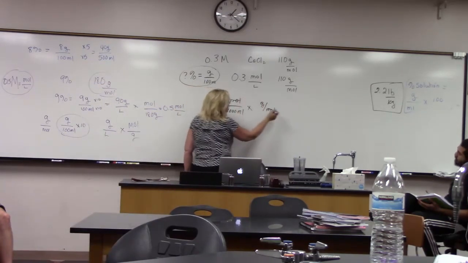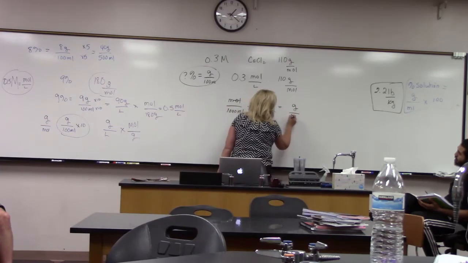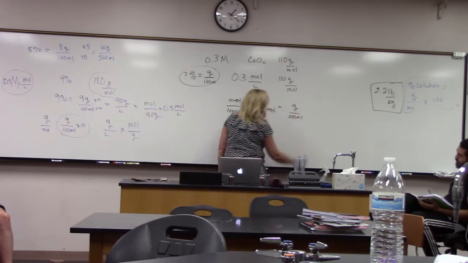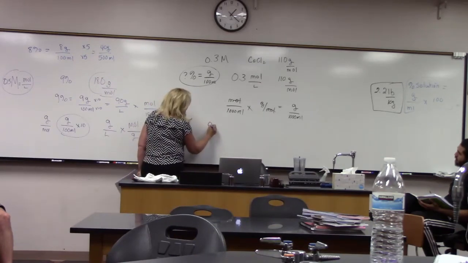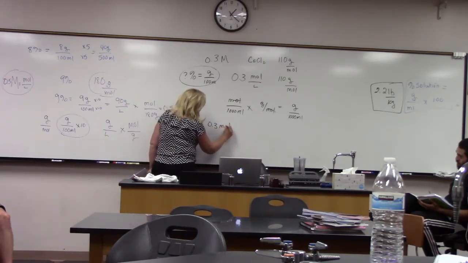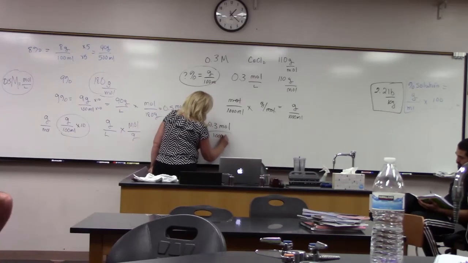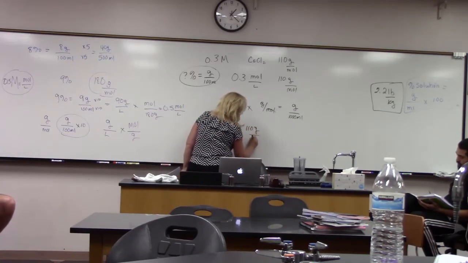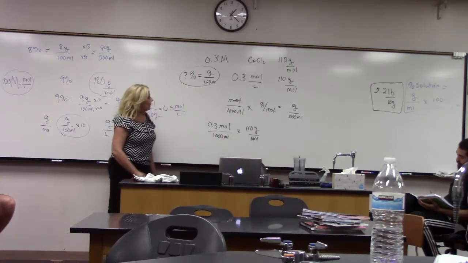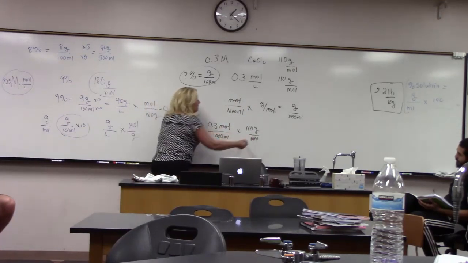So moles will cancel. We have grams in 1,000 milliliters. Okay, so watch. If we have 0.3 moles in 1,000 milliliters times 110 grams per mole, our moles will cancel.